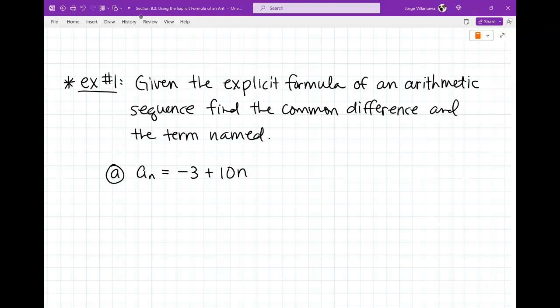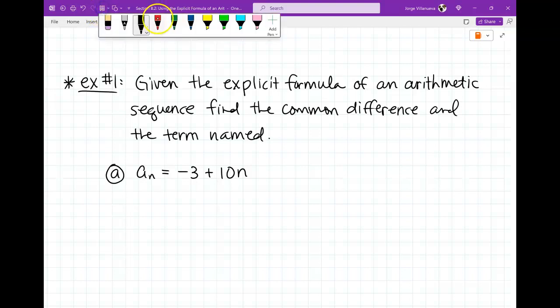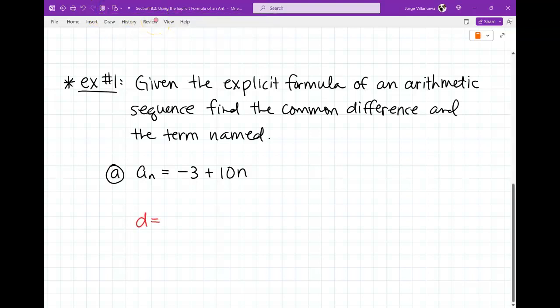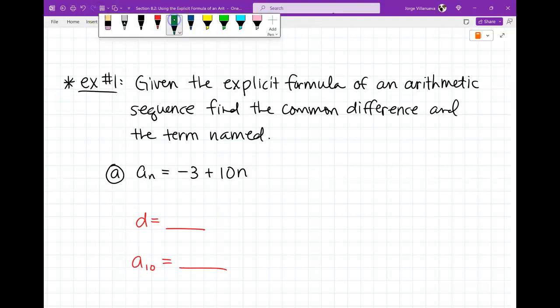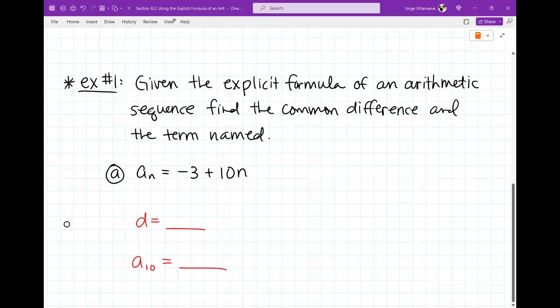They want me to find the common difference and the term named. So I'm going to put down here d equals, and then I want you to find a sub 10. And we'll do the work to the side. All right, so what is the value of d?